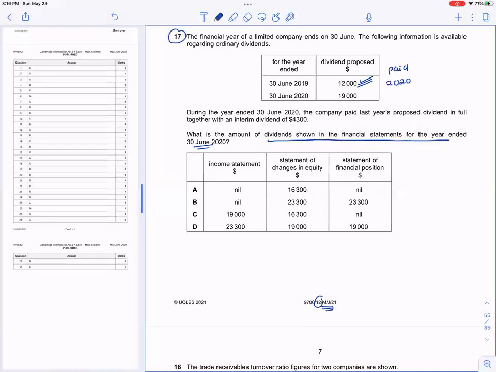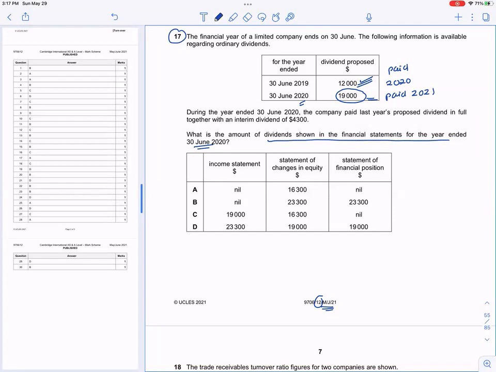Okay. And what is proposed in 2020, it will be paid in 2021. But it will be the expense of 2020 because you are proposing it when? In 2020. Okay. Now let's see. But we paid in 2021. Wait.